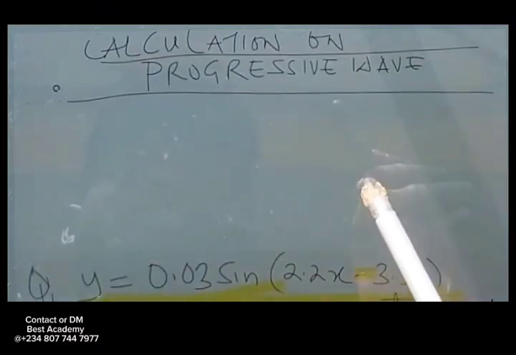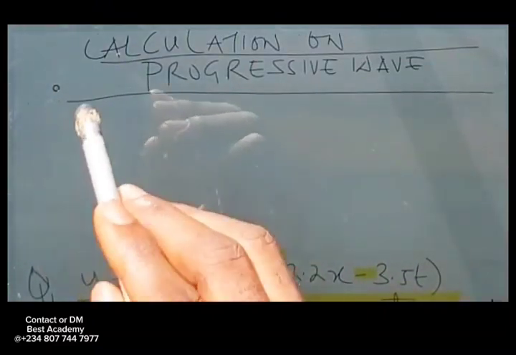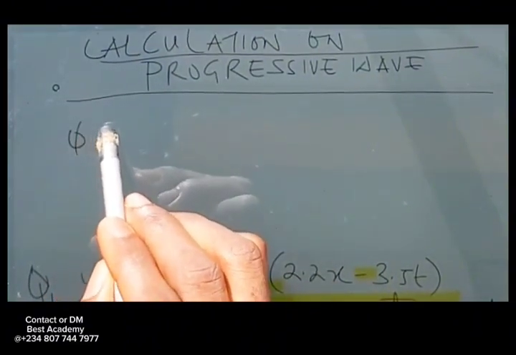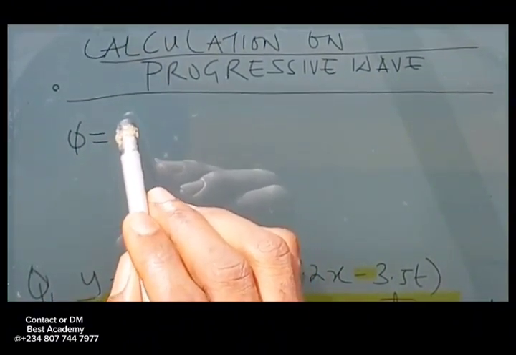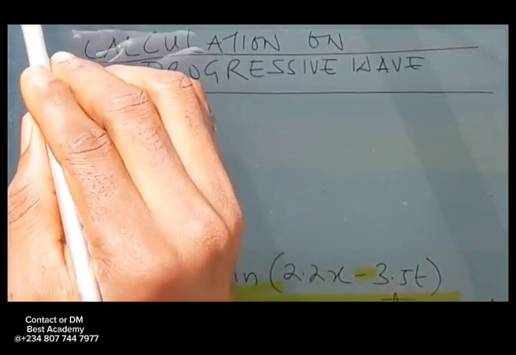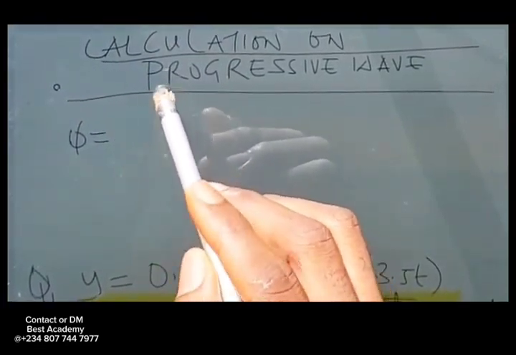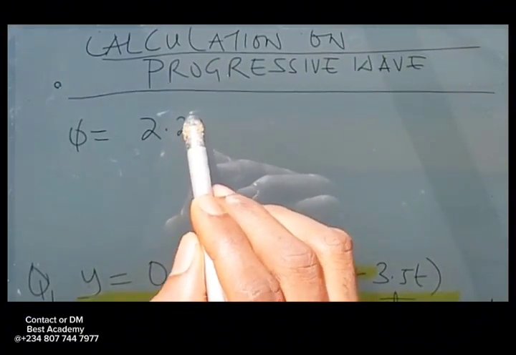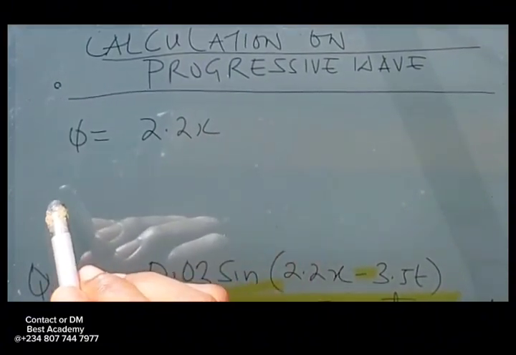Okay, now let's continue with our calculation. This phi here, class, is 2.2 s. Please take note.